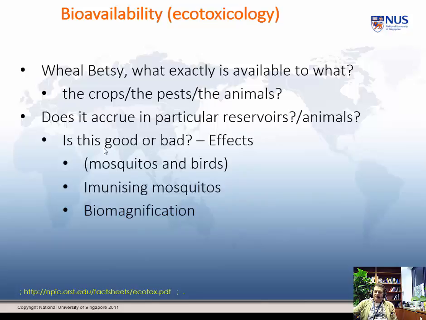So for instance, if we look at modern processes, we know that birds and mosquitoes carry various pollutants in them. What if that pollutant were actually an immunization against malaria or dengue fever?